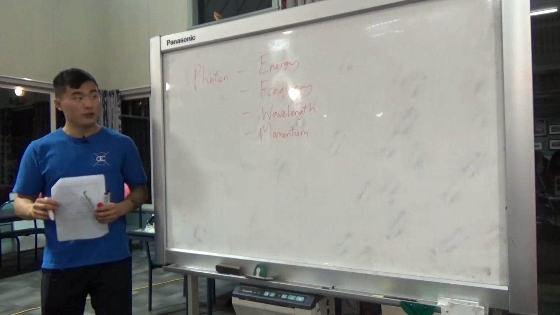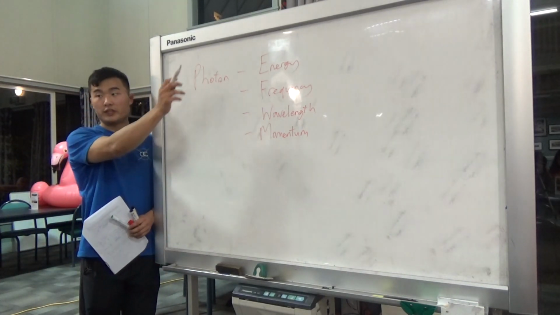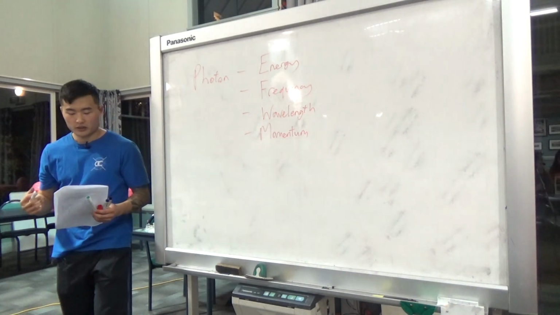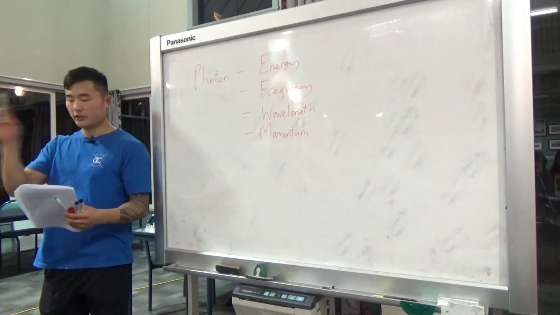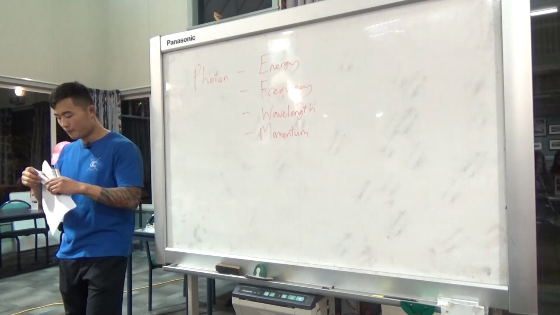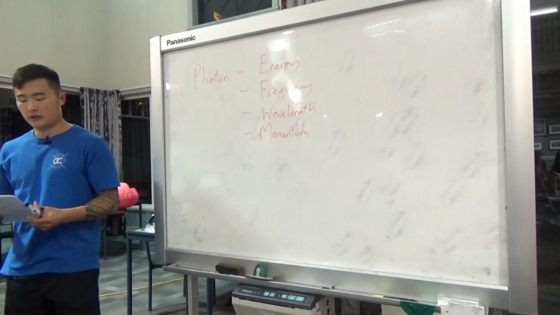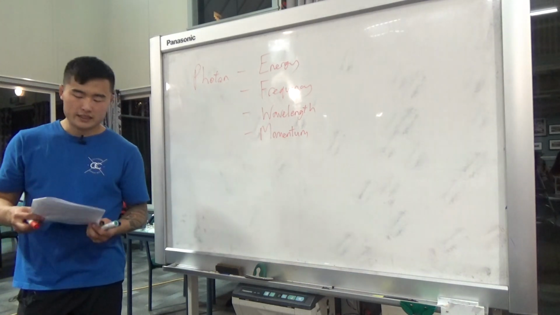If you know any one of these 4, you can find the other 3 using your equations. On my cheat sheet, they're just on the top line of the radiation piece of paper. So make sure you have those equations.